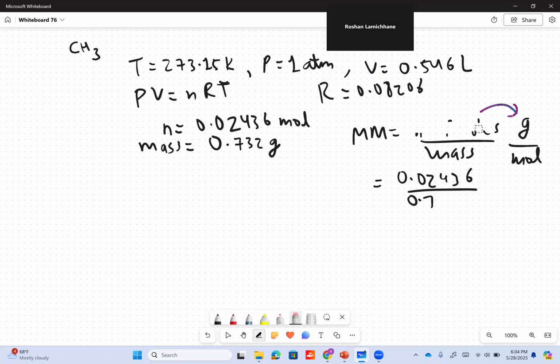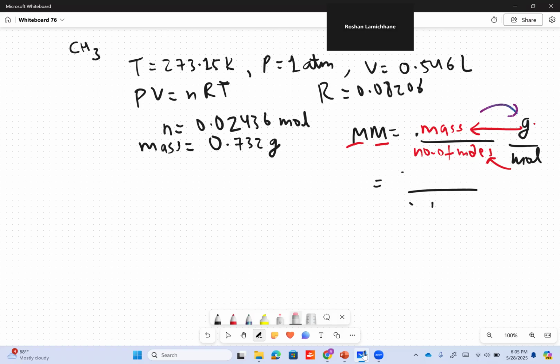It should be mass over number of moles. Mass over number of moles. Because if I have this formula, then the molar mass will have the unit grams, which is the unit to measure mass, over moles, the unit to measure moles. So let's just fix this as well.